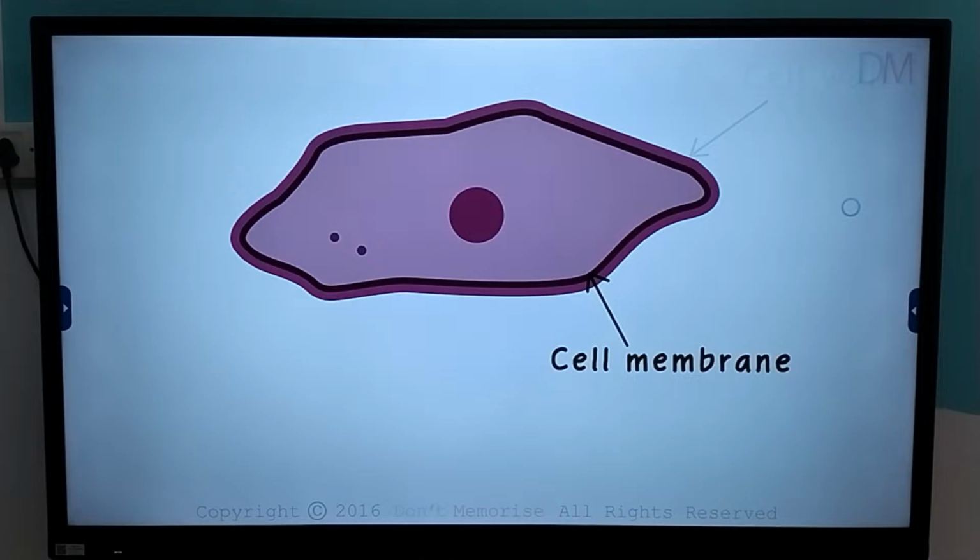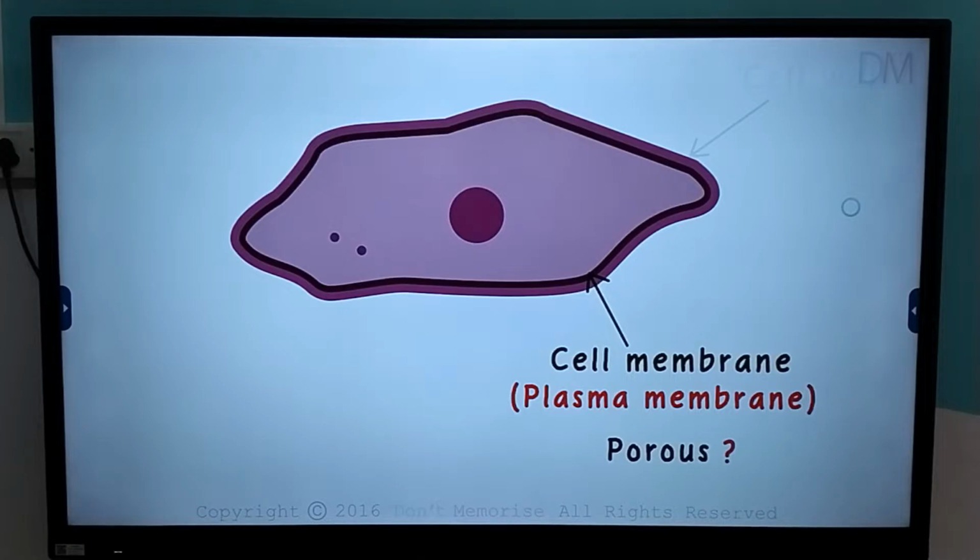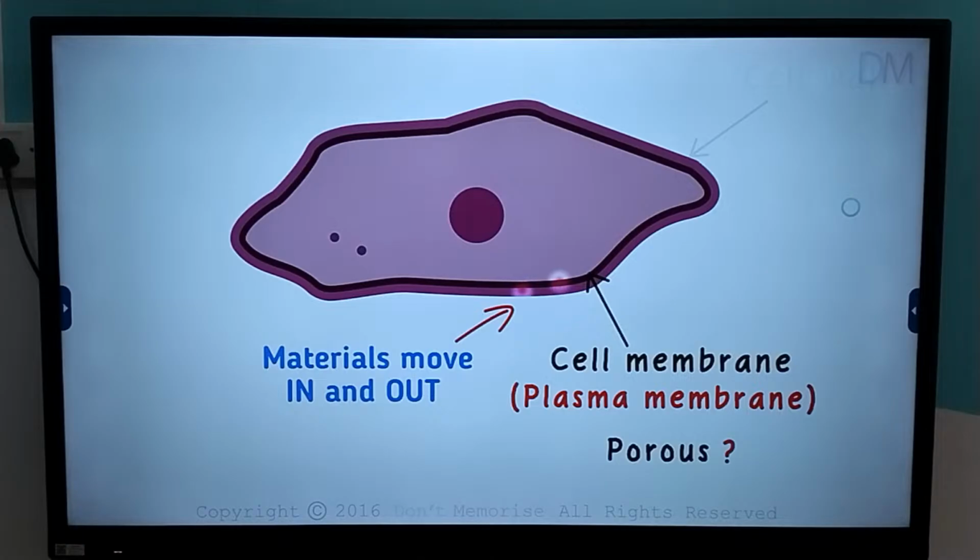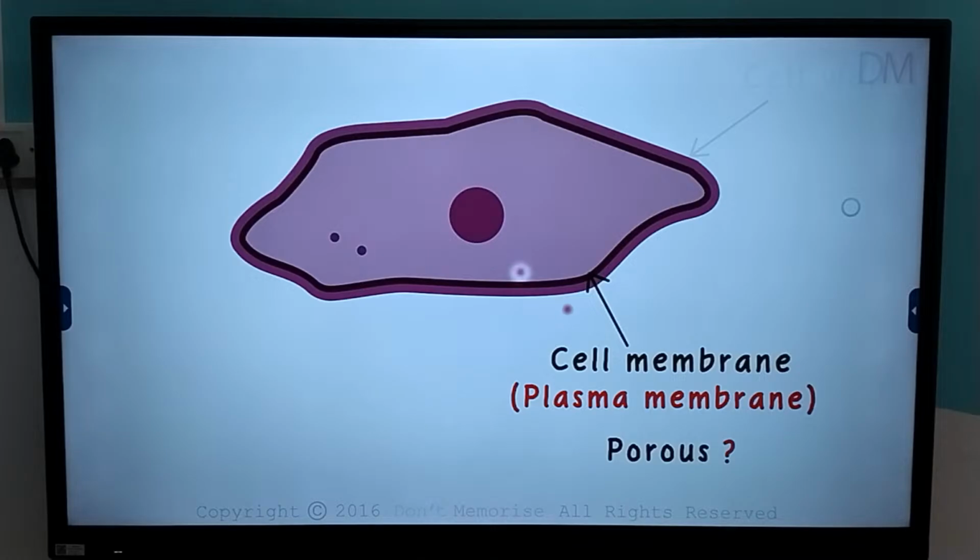The cell membrane is also referred to as the plasma membrane. The plasma membrane is porous. Wait, what does porous mean? That means material can move in and out of the plasma membrane. Isn't that dangerous? Doesn't it mean that any harmful material can get in and affect the cell? That is a valid point, and hence there is one important detail we should be aware of.